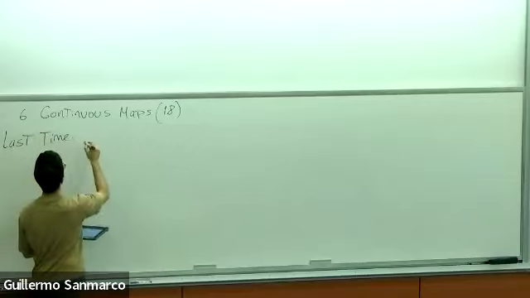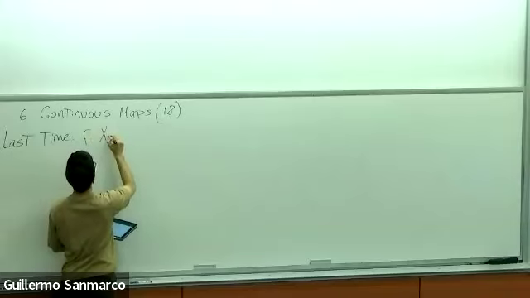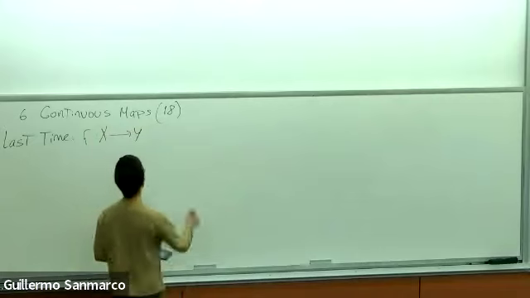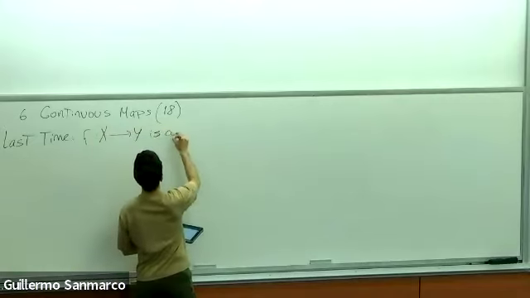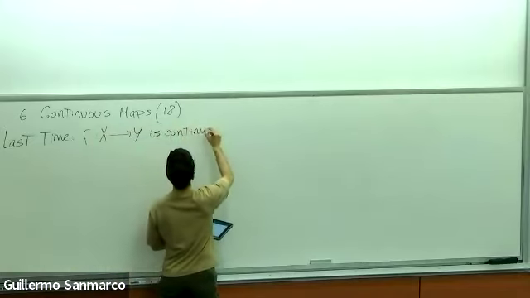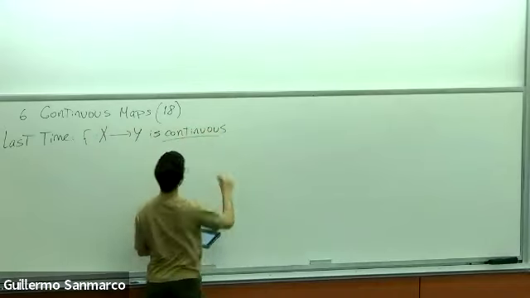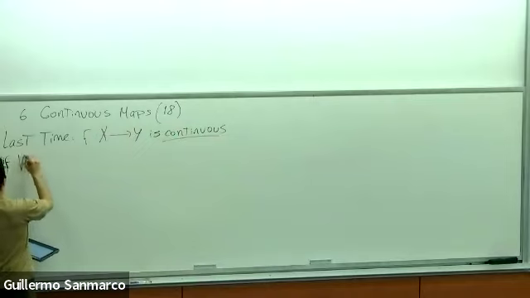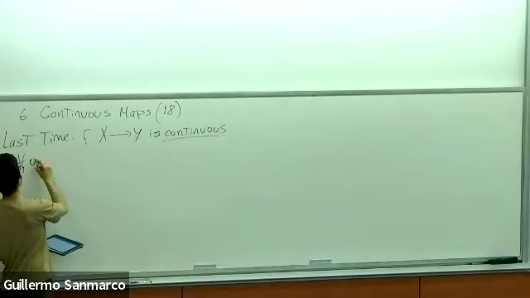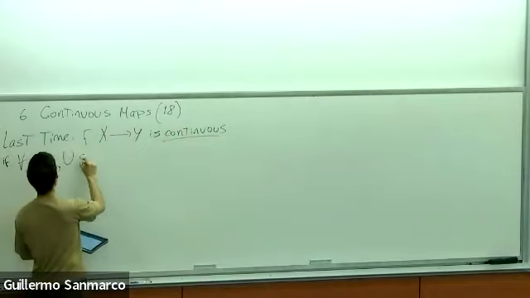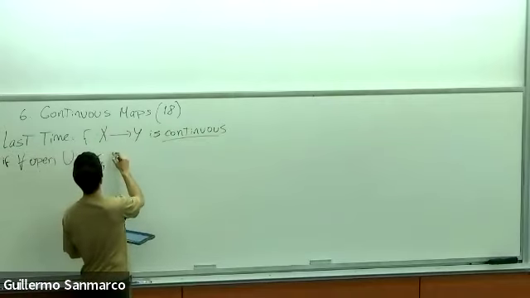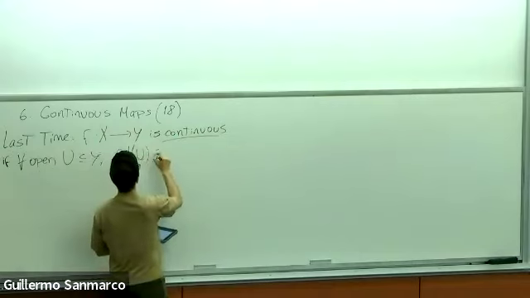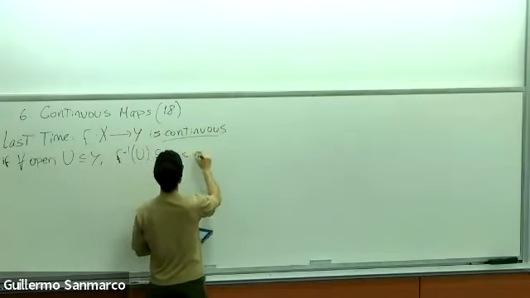we introduced the definition. We said f from X to Y, so these two need to be topological spaces, is continuous if for every open U inside of Y, the preimage f inverse of U inside of X is open.